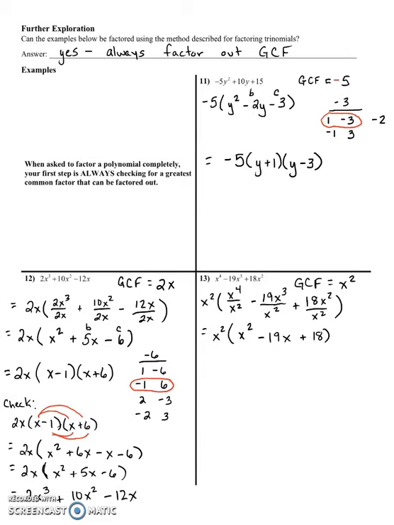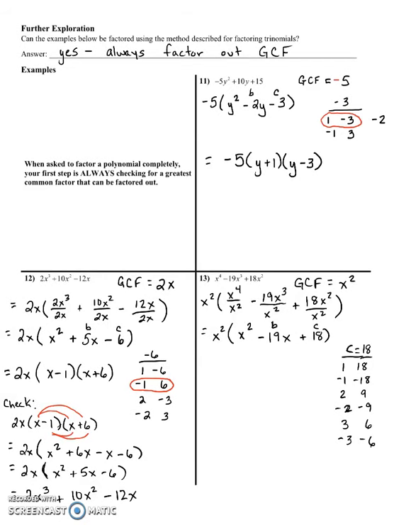Okay, so we need things. Our b now is negative 19 and our c is 18. So we need things that multiply to give us positive 18 and add to give us negative 19. So we have 1 and 18, negative 1, negative 18, 2 and 9, negative 2 and negative 9, 3 and 6, and negative 3 and negative 6.